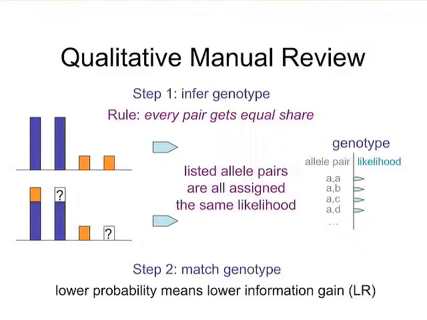It's just that whatever the true answer might be, or any answer might be, you're not placing bets on what the data is telling you is most likely. You're placing your bets equally. That's the inclusion method. And so now we do the match, but because we tend to lower the probabilities of what we had before, we expect a lower ratio and lower information gain, a lower likelihood ratio, and that's what we see.